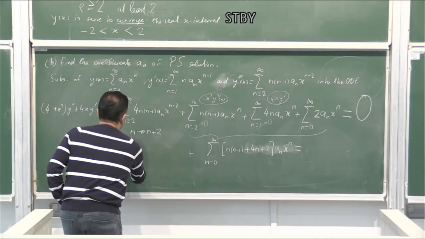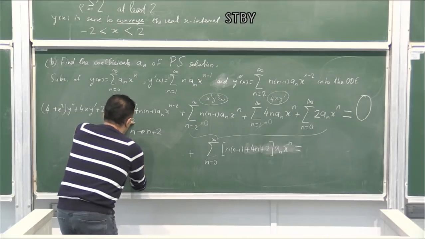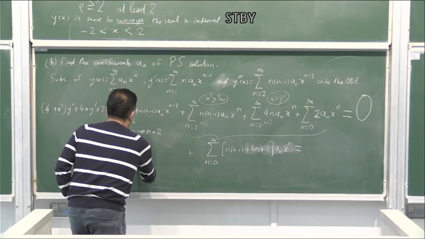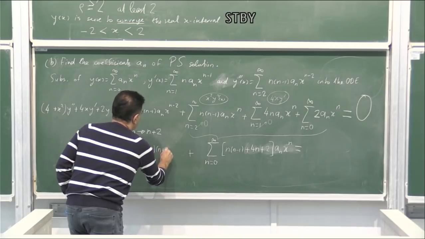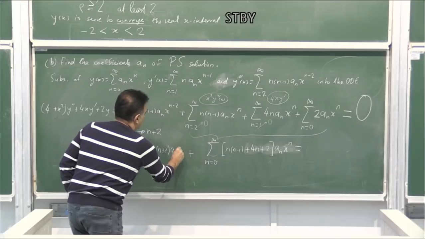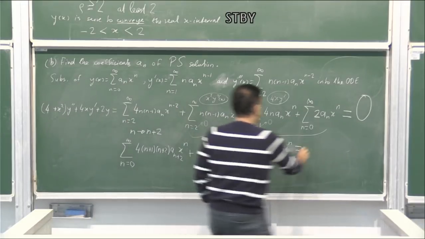Therefore, the lower limit will start from 0. And here is 4, n plus 1, n plus 2, a n plus 2, x to power n, must be equal to 0.